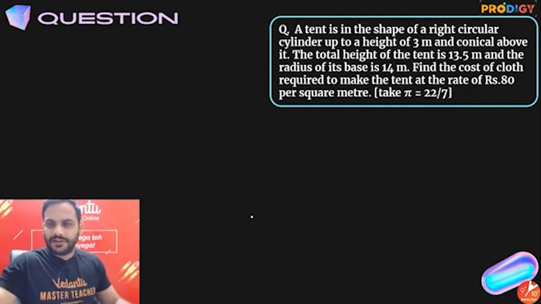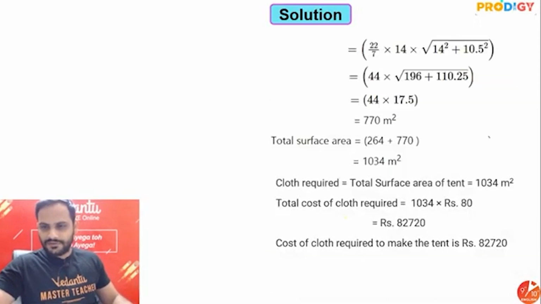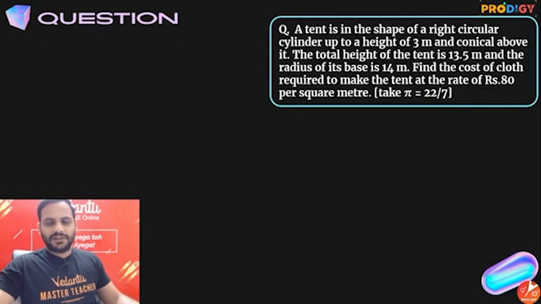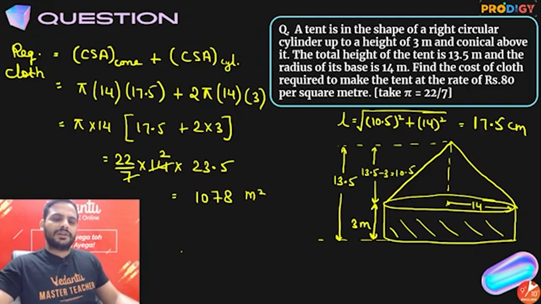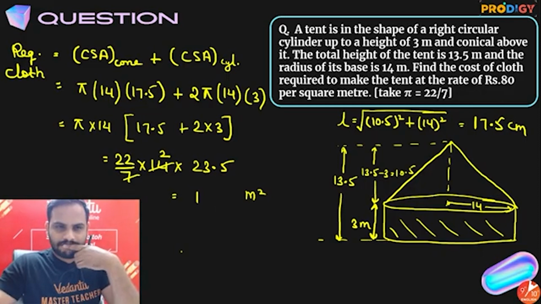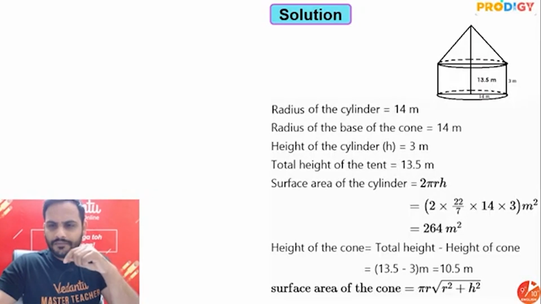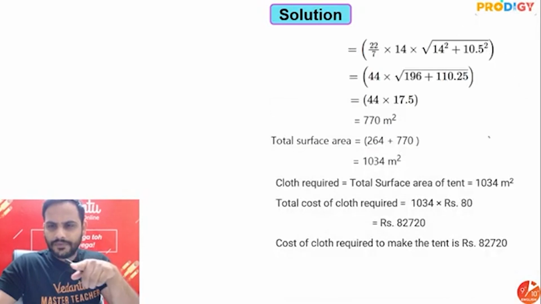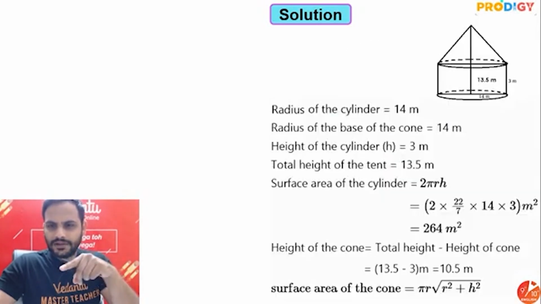Alright, let's see if the calculation is correct or not. 1034 it is coming. 1034. Wait, 17.5 only they are getting.